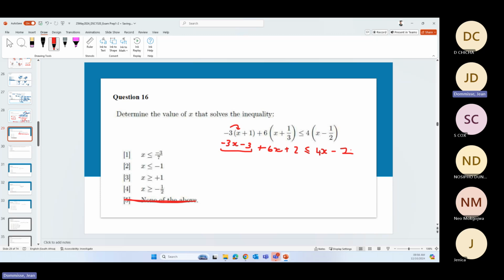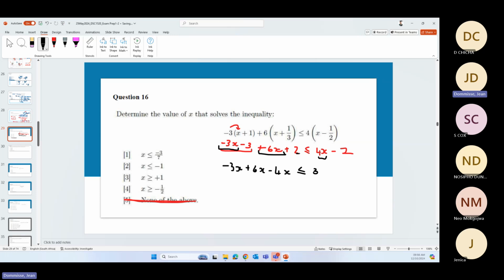So now let's get all the x's to the left-hand side. So we've got minus 3 plus 6x is plus 3x. Let's quickly write that down. Minus 6 plus 6x. And then that becomes on the left-hand side minus 4x. And then let's just make sure: plus 3 on the right-hand side, minus 3 becomes plus 3.